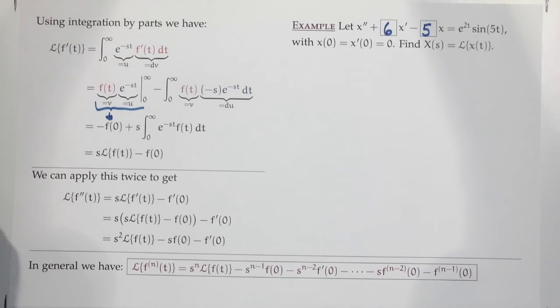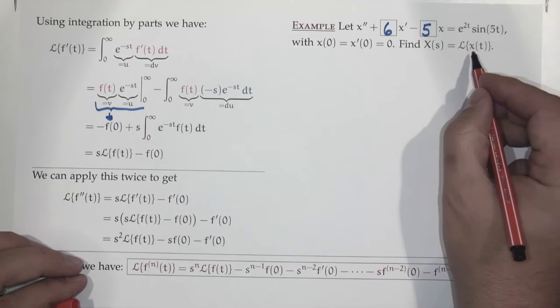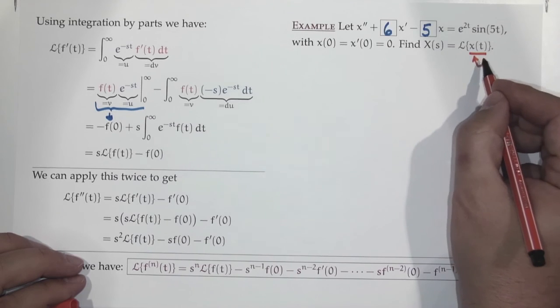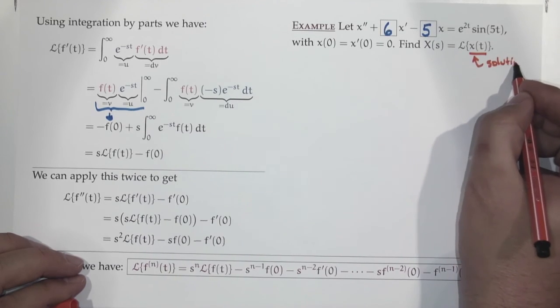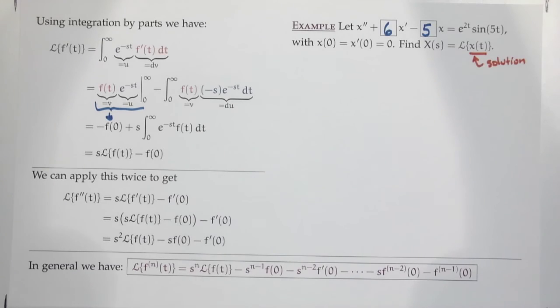Now, keep in mind, this x of t is our solution. It's saying, find what the Laplace transform is of the solution, and it's giving us the problem. Now, there's two ways to do this. One is you could actually literally find the solution, which I strongly discourage right now, because that ruins the whole process. The other way is to use the tools.